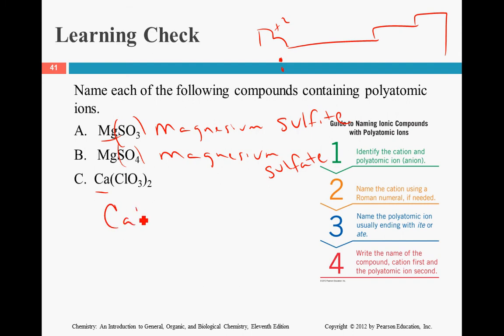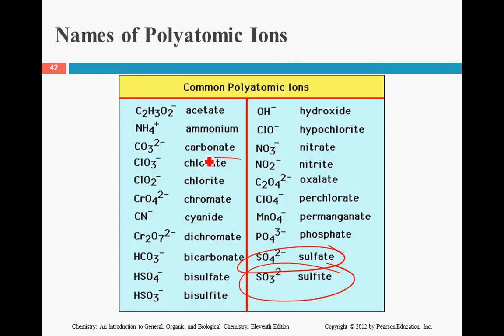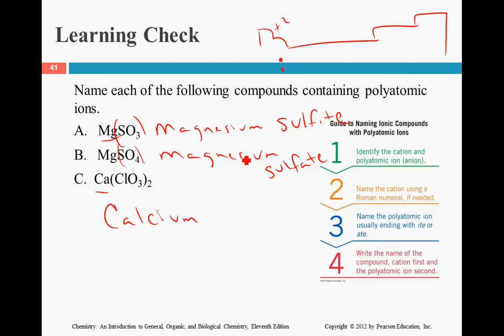Once again, it's in a tall row, so we don't have to worry about the Roman numerals. ClO3, we have to figure out what that is. It's right here in our list. Chlorate. And there you go.